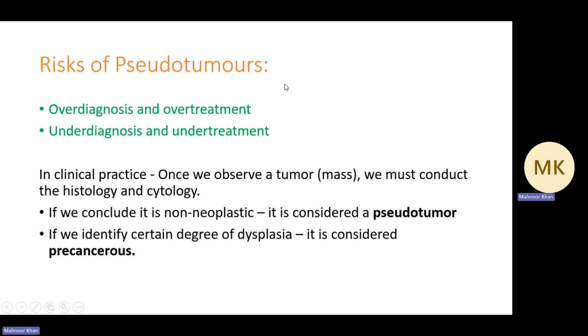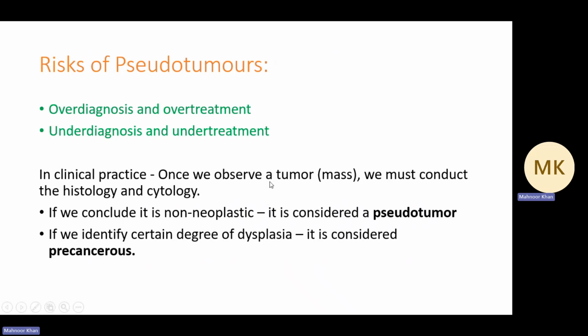Basically, why do we care about pseudotumors in the first place? Because we do not want to overdiagnose and overtreat a certain mass, or we don't want to underdiagnose or undertreat a certain mass. So it's very important to give a definitive diagnosis whether a certain mass is a pseudotumor or a neoplasia, for example.